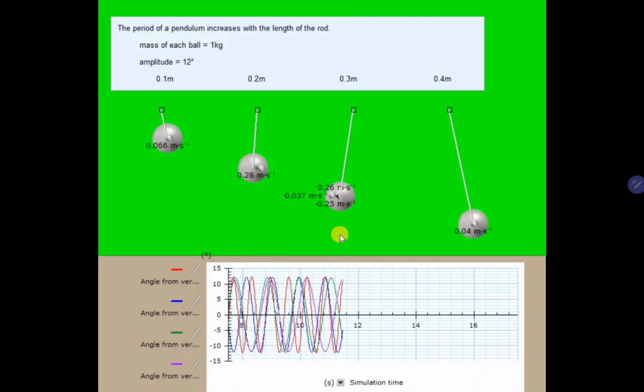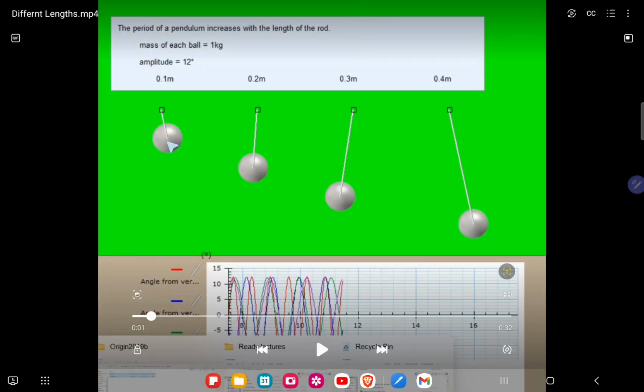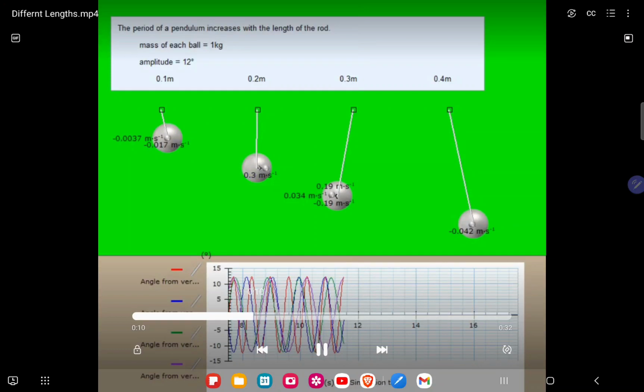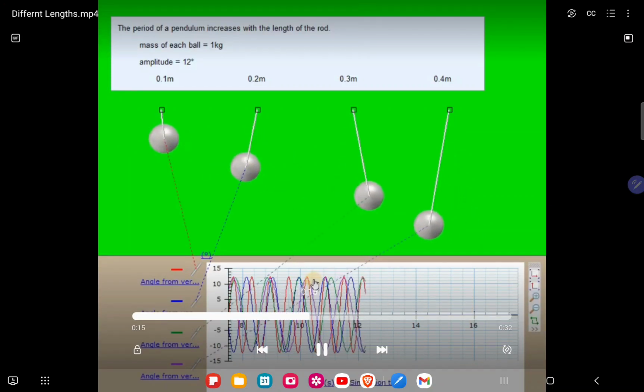Now another different situation. The 4 cases here have the same mass, but the string length is different for each case. Based on this, as we can see, the period is different, and it does depend on the string length. So each string length has its own period.